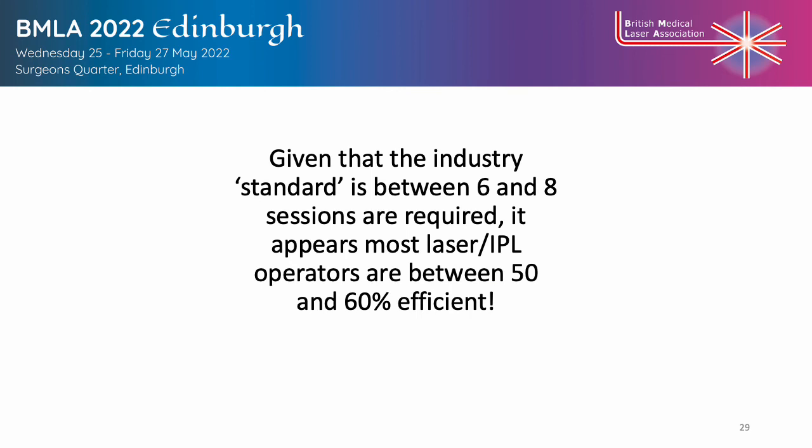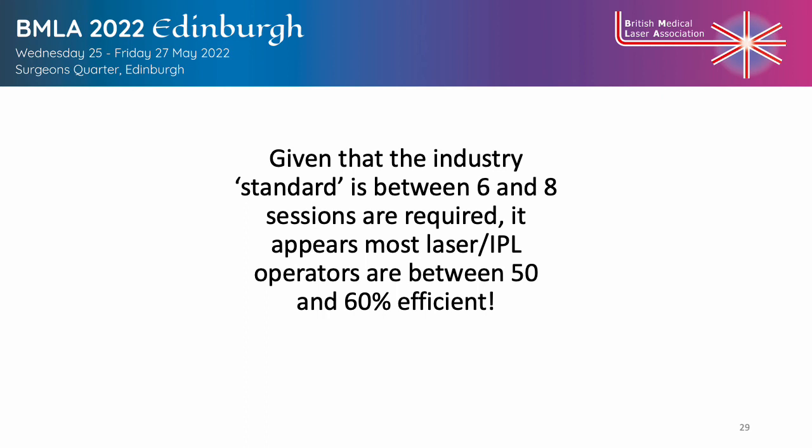So it's interesting, because if you look at the industry out there, you'll see that most clinics and salons will state that you require between 6 and 8 sessions of laser or IPL hair treatments. And this indicates that most people are operating at somewhere between 50 and 60% efficiency. Now, that efficiency depends not only on how good their equipment is, but also on how good their training is. If their training is poor, then their efficiency will be low, and if it's good training, then it should be significantly higher.